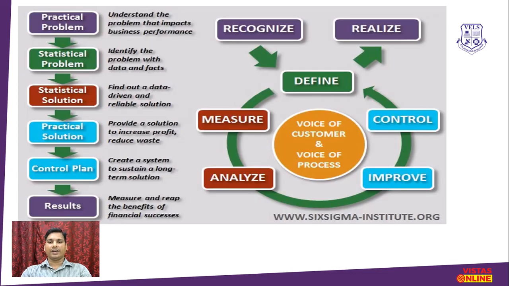Here you can find that the Six Sigma Institute gave a particular plan for how Six Sigma will be materialized. First we need to define: what product is available in the market, what kind of innovation we have done, how valid this innovation will be in the market, and what customers are expecting from us.